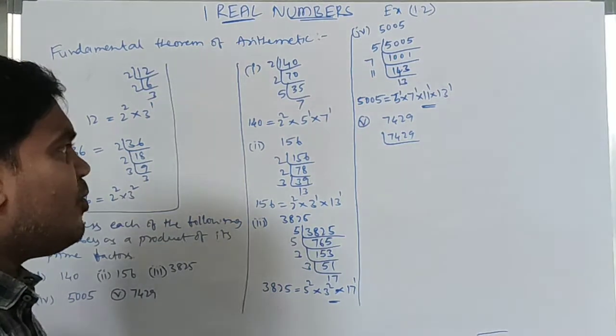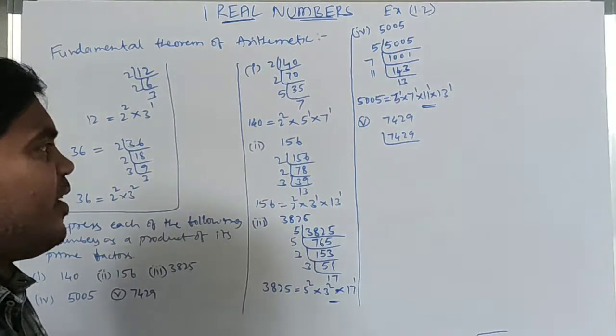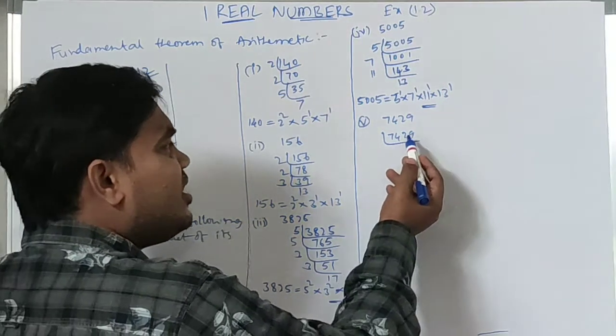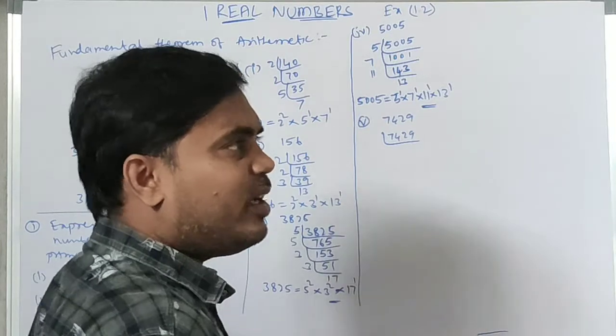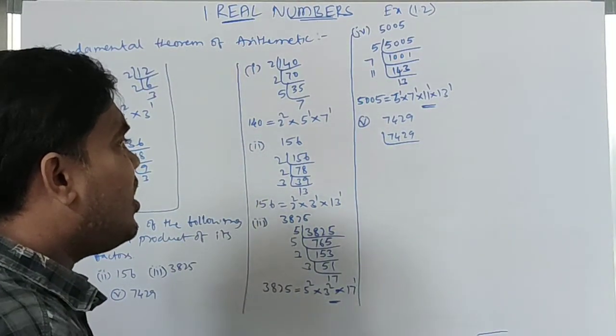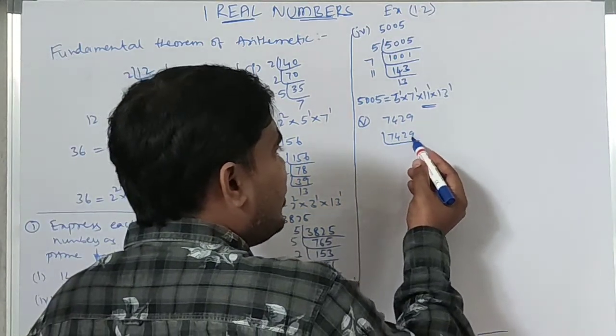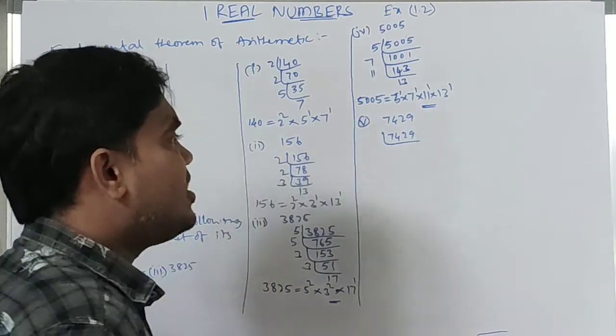Next, it won't be divisible by 5, because the last digit is 9, not 0 or 5. So check for the next prime, 7. 7 into 1, 7, 6, 42. It won't be divisible by 7 also.